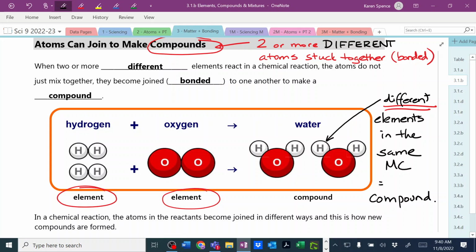I need some way to collect it, so I need a balloon. Okay, now I kind of want this balloon stretched out a little bit.